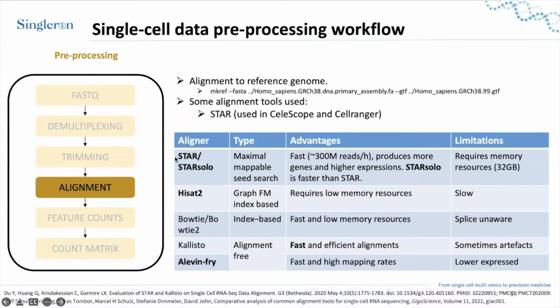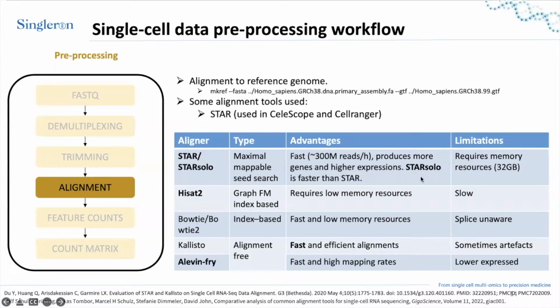So this is a reliable alignment tool. It is relatively fast compared to the other tools. It produces more genes, and for each of the detected genes, it has higher expression values accounted to it. STARsolo is a more recent variant of STAR. It is faster than STAR, and it has some additional benefits.